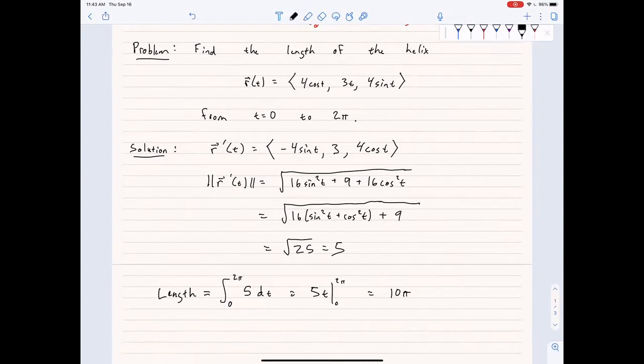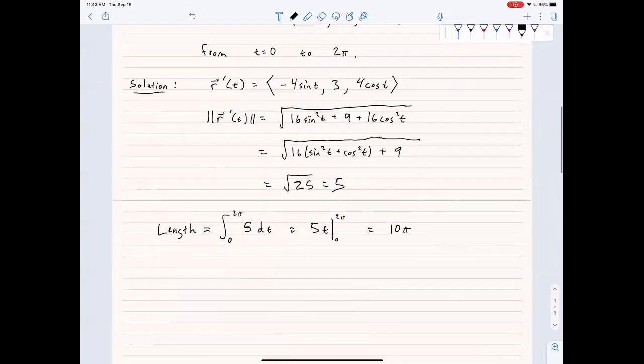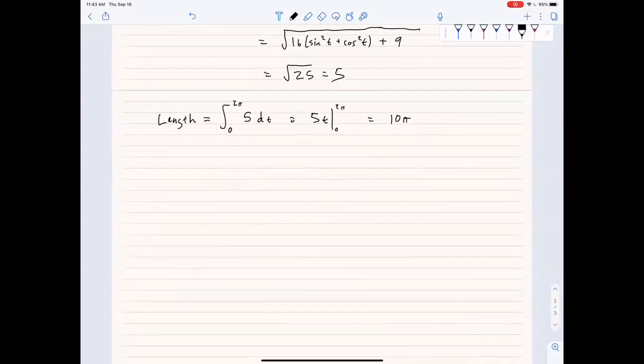Okay, so that's great. We know how to find, at least in principle, the length of a curve. But now what we would like to do is get a unique parametrization, up to direction, of a given curve. And that unique parametrization has a name. It's called arc length parametrization.